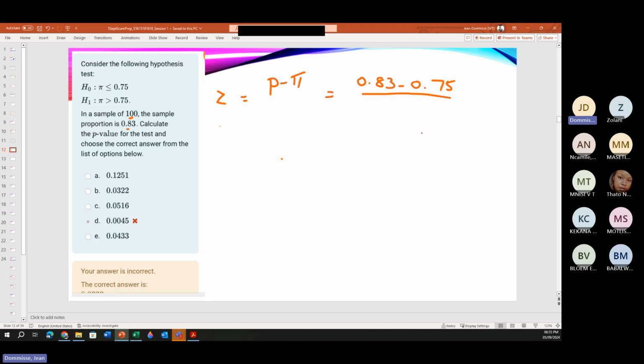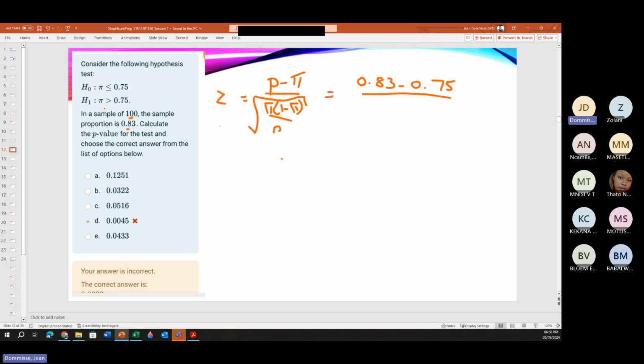Then obviously important to just check how we work out the standard deviation or standard error, sorry, when we work with the proportion. So let me just get that again from my notes. I don't always remember that one. So divided by n, the square root of it.